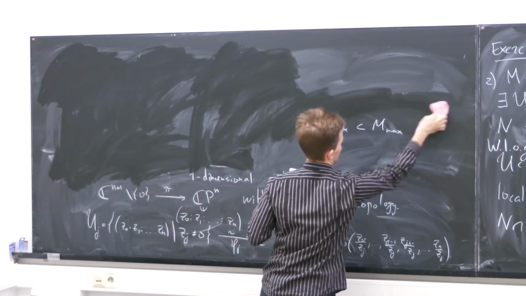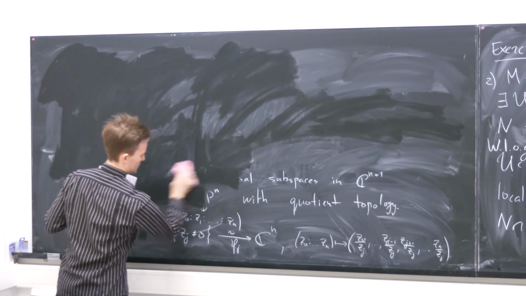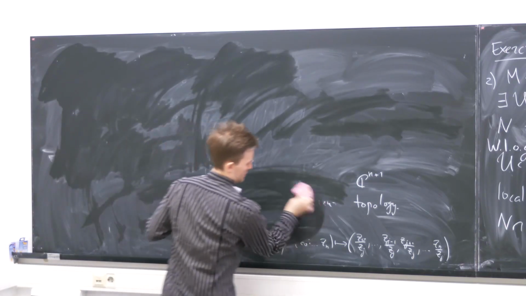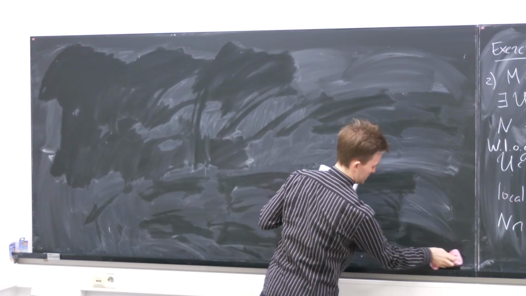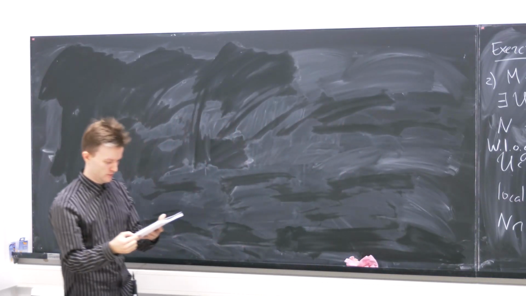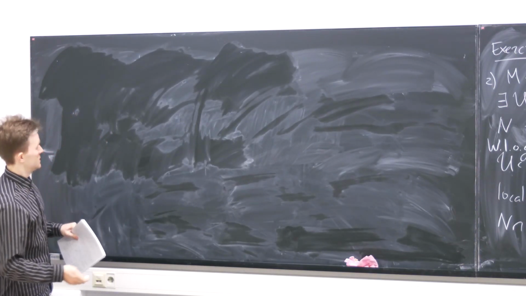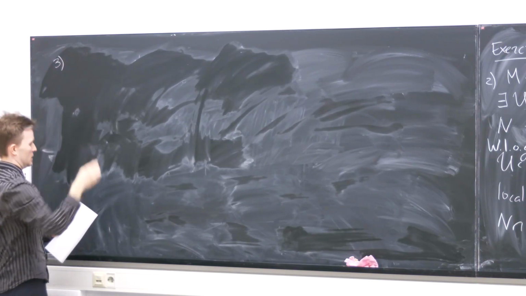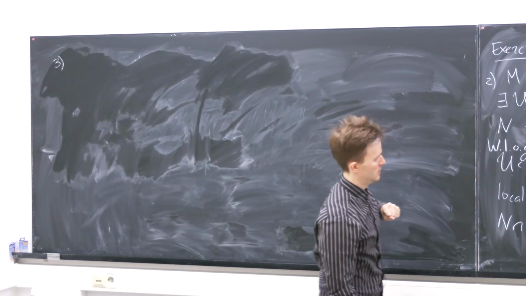So there are more ways to get new examples of complex manifolds out of the existing ones. Let's discuss the following procedure. Of course, here we had closed subsets.